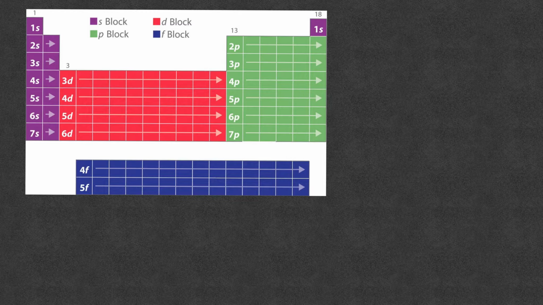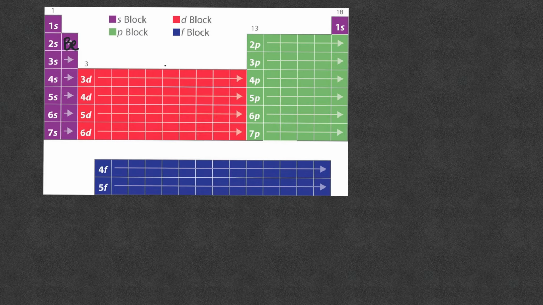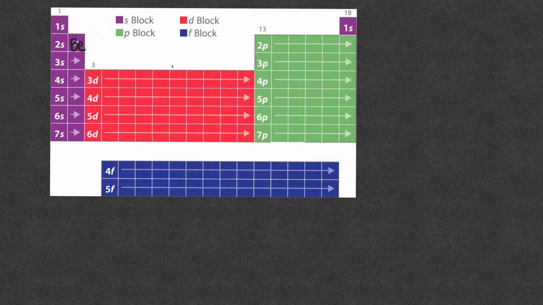So for example, let's write the electron configuration for beryllium. Beryllium sits right here. We just have to keep in mind that beryllium in this case has 4 electrons.